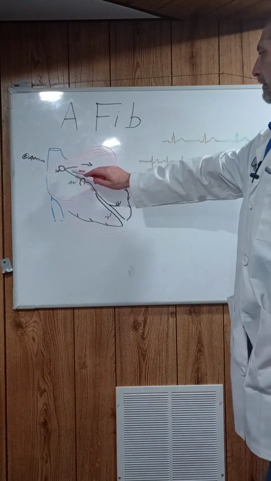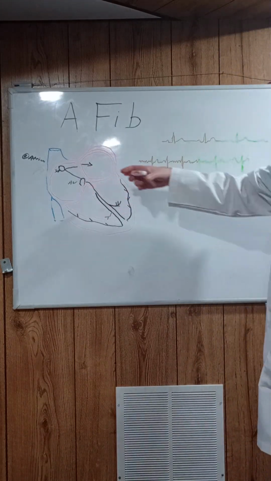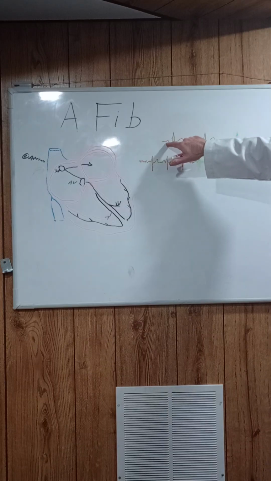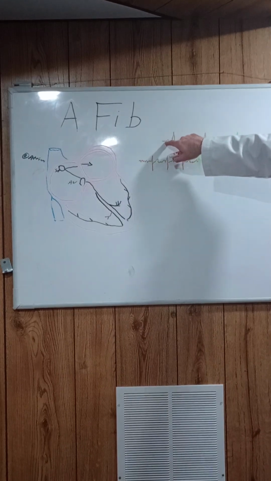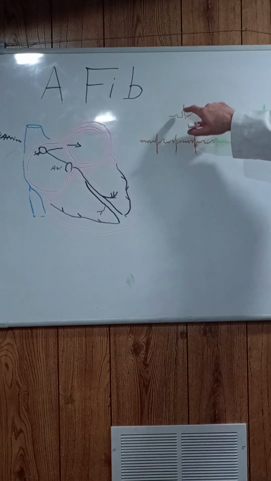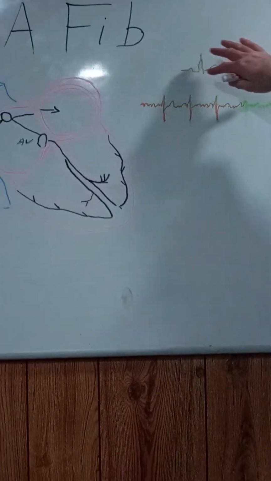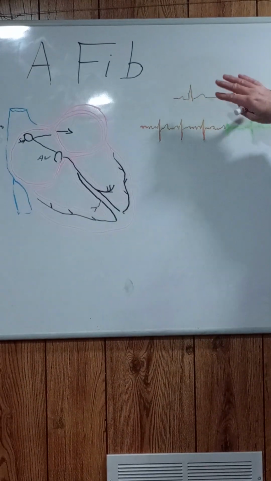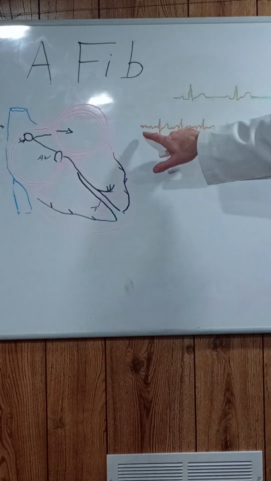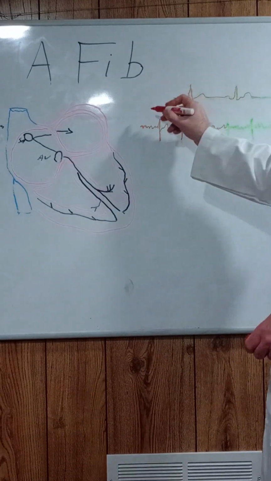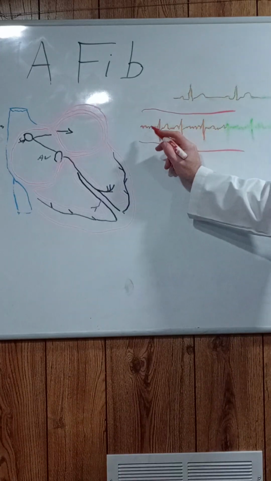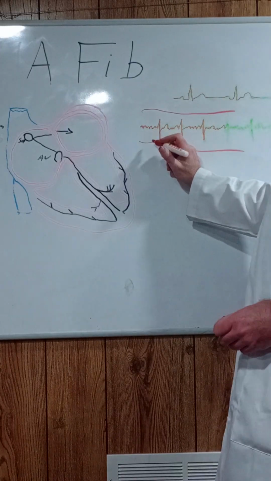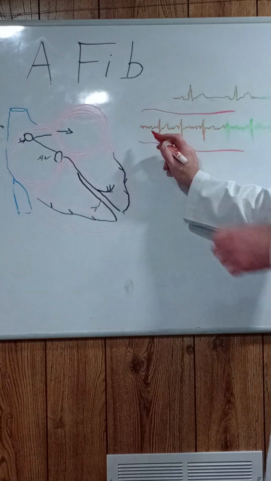Again, in a normal sinus rhythm, this is what you're going to see on the EKG. So you're going to have your P wave, your Q, R, S, and T wave. Everything's going to look normal. Everything's going to measure normal. Now, when we look at our AFib, your P waves are not easily viewed.